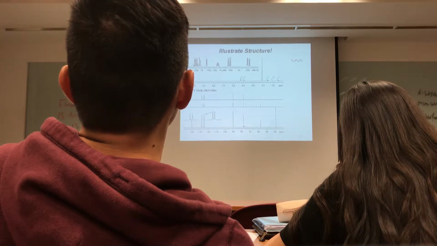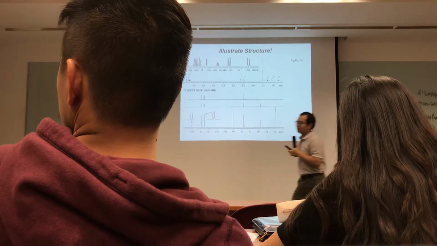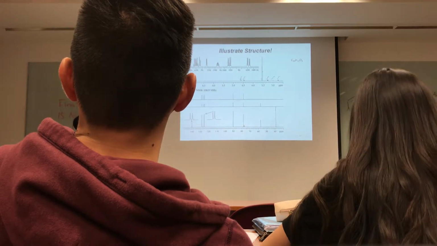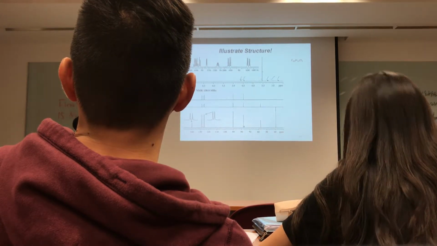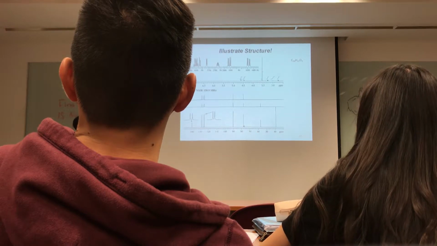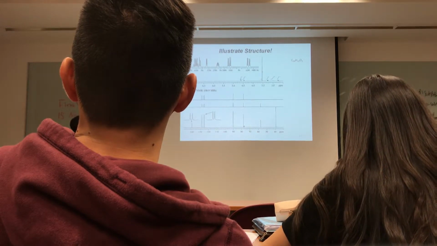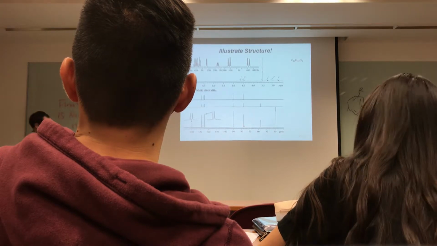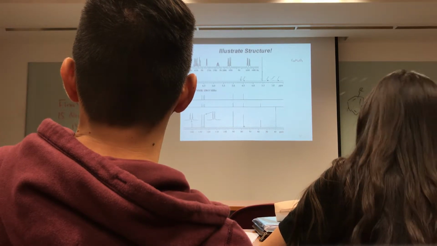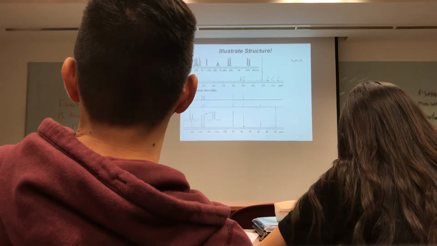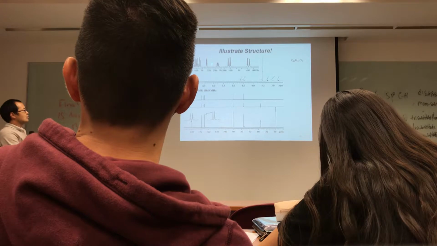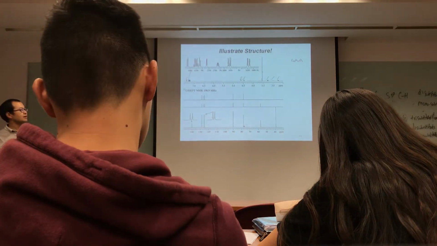You have 2 doublets. Oh, sorry, 1,2. This one and this one, it's a doublet, right? That's why now it's 1,4-disubstituted phenyl.